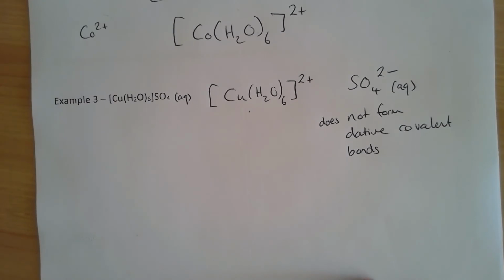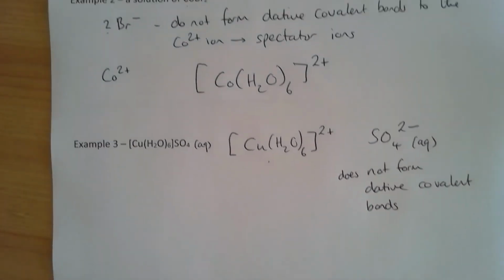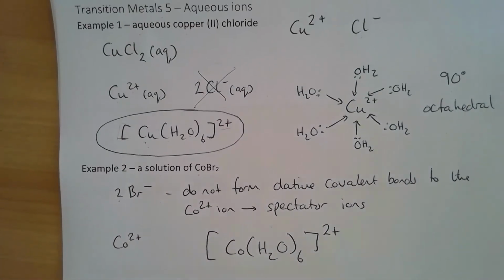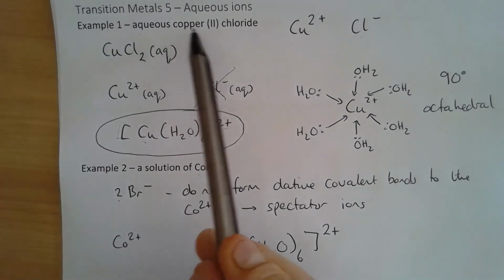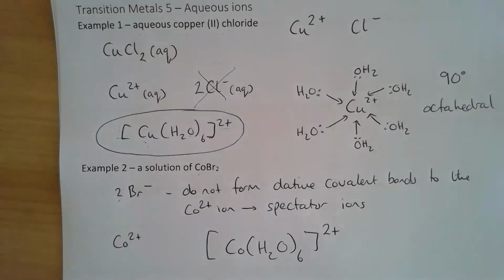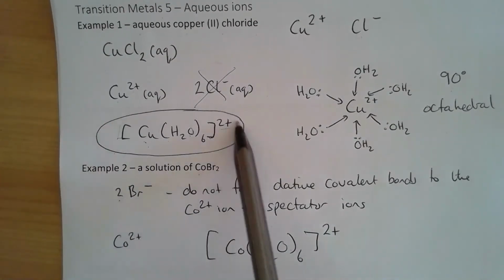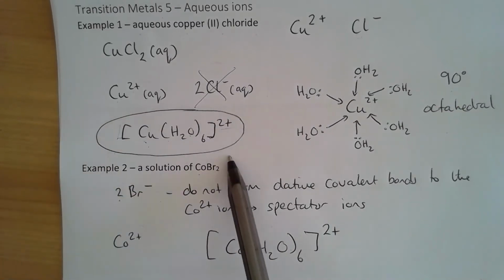So just to summarize, the purpose of this is for us to recognize the aqueous ion that is present when we look at a transition metal salt. So copper 2 chloride, aqueous copper 2 chloride. What we're interested in transition metal chemistry is the hydrated complex.